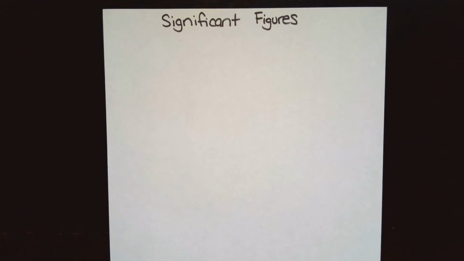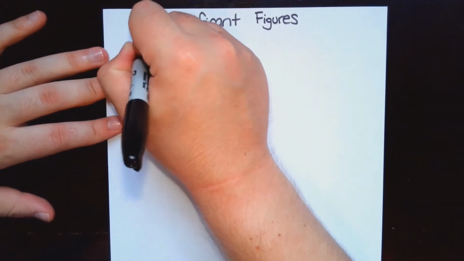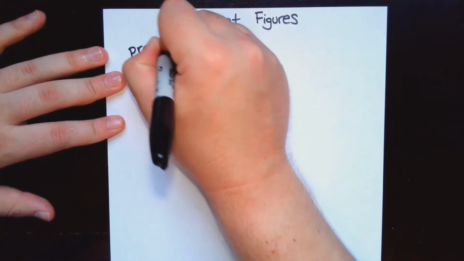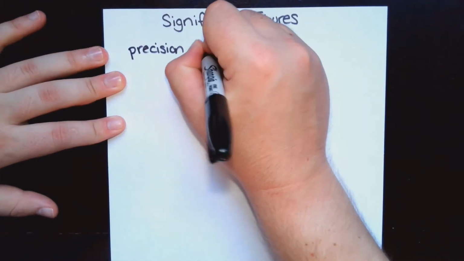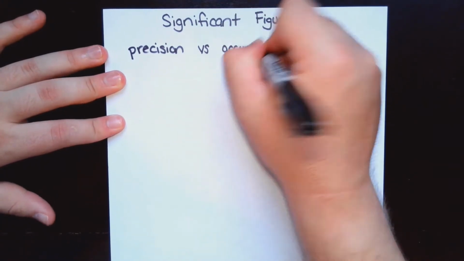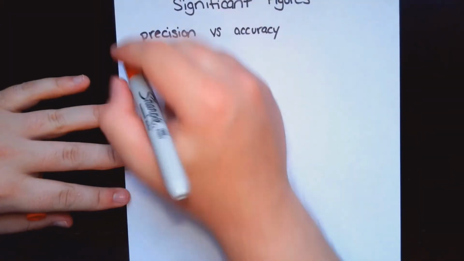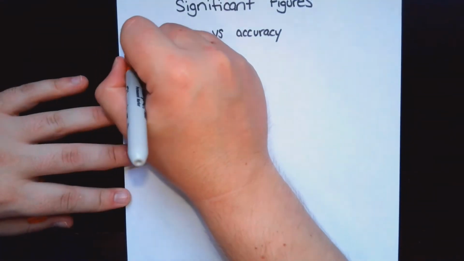So, before I start talking about rules of sig figs, I want to first describe the difference between two terms: precision versus accuracy. A lot of times people use these two interchangeably, but they do not mean the same thing. Precision tells you how close your measurements are to one another.